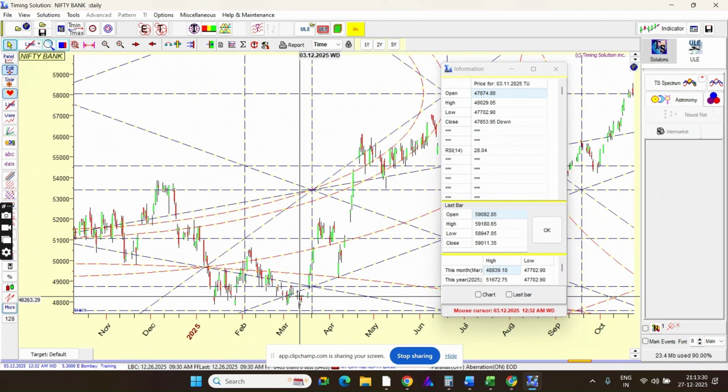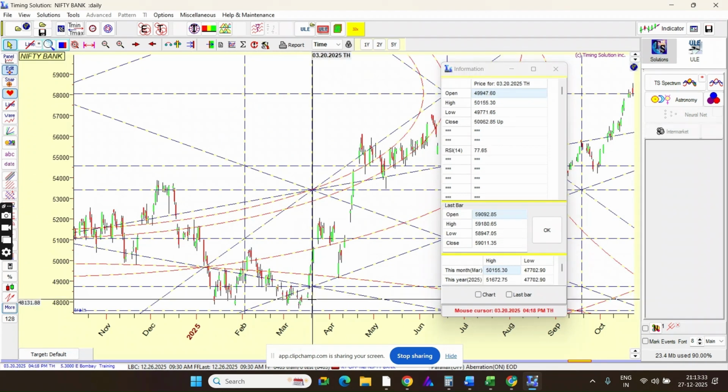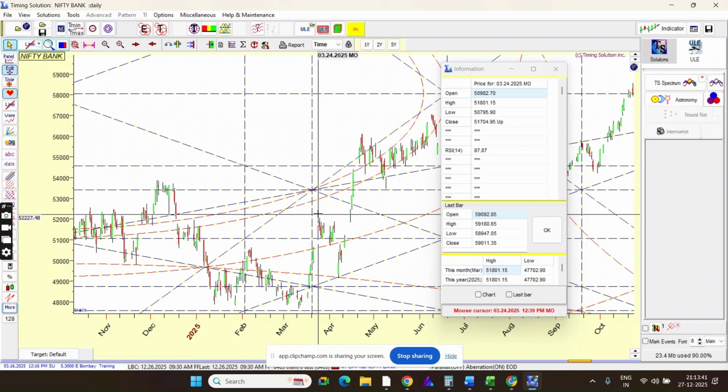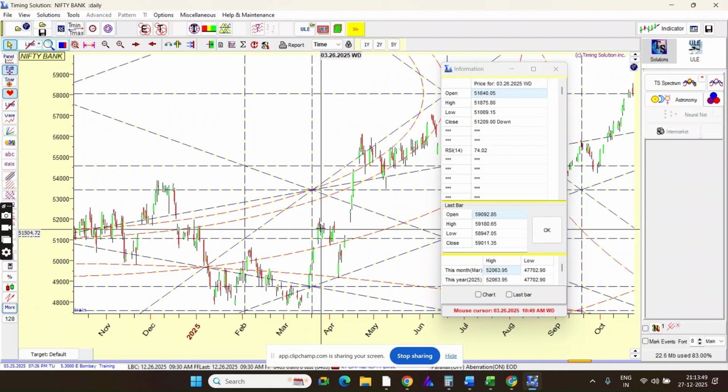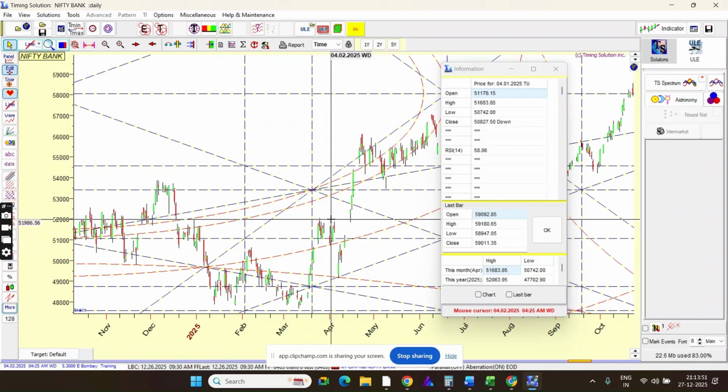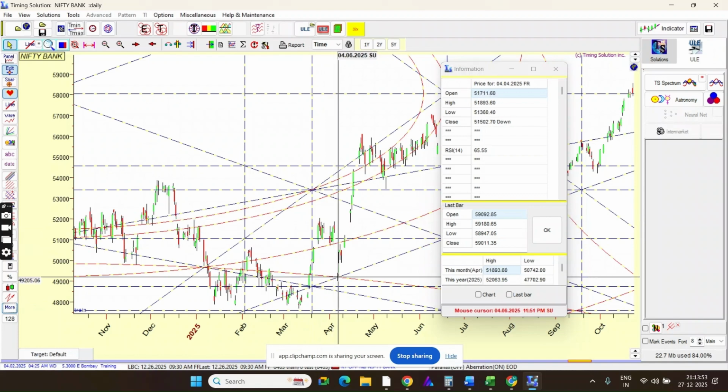From this time period, you can see this was the critical date. Just before this, we started this move and we hit this level, overshot it, backtested it, and again consolidated here. Then this was the April bottom.